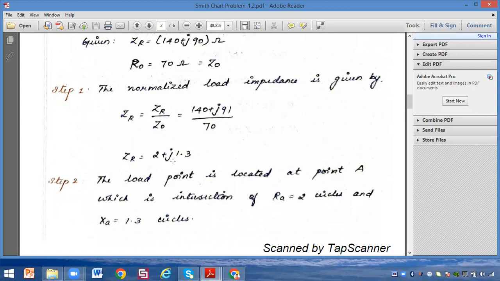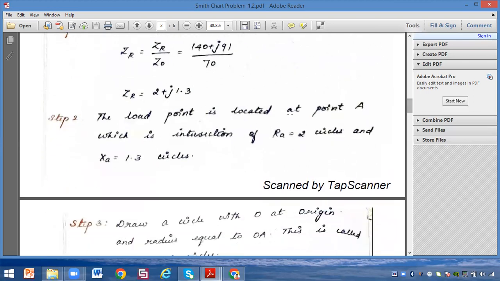You will get 2 plus j1.3. So the normalized load impedance is zR equals 2 plus j1.3. This 2 represents RA, the resistance, and this 1.3 represents the reactance XA. Therefore, the load point is located at point A.